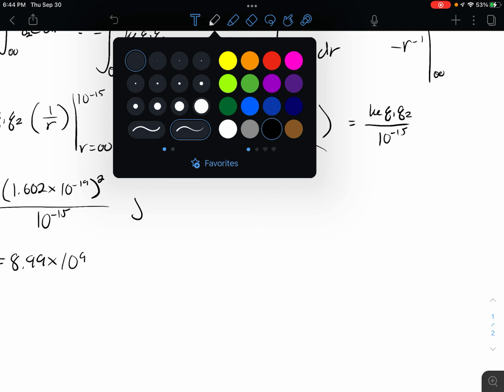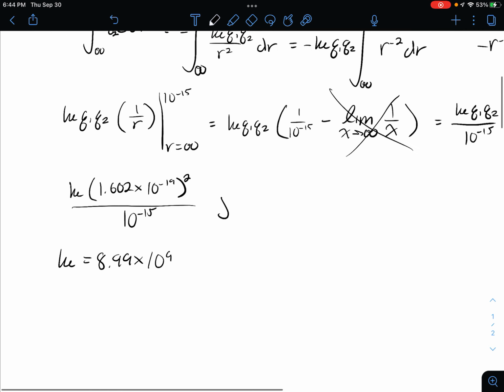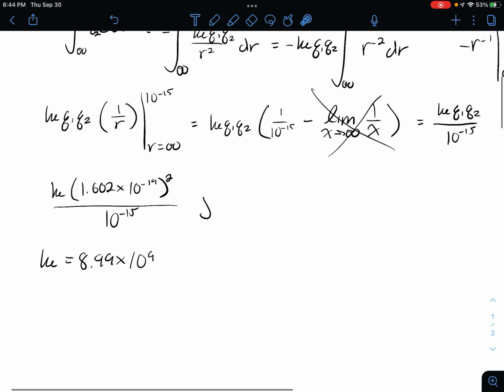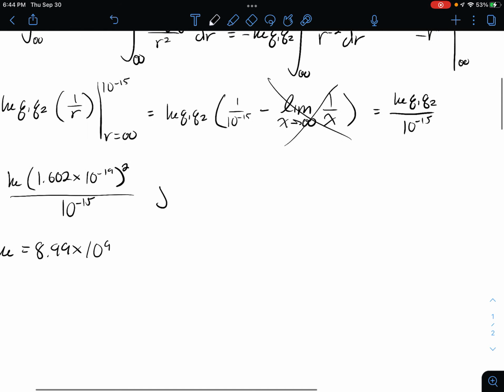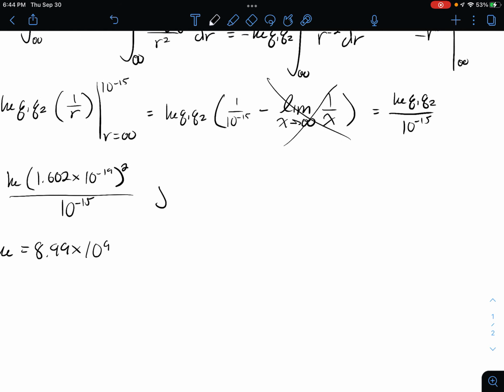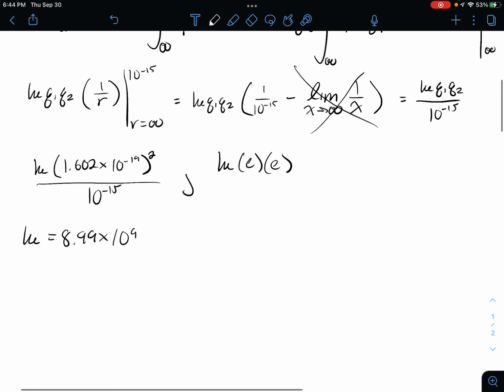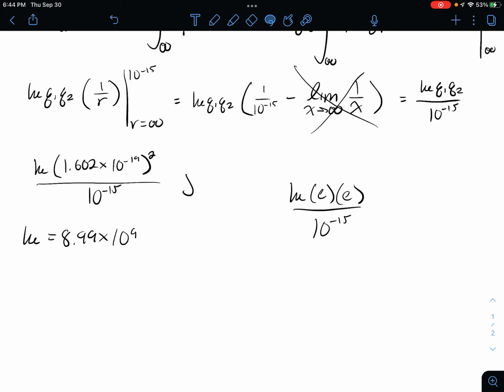So let's take another quick look at our equation over here, right? If we rewrite this, 1.602 times 10 to the negative 19th is just the magnitude of the charge of an electron. It's going to be KE times E times E, or E squared, all over 10 to the negative 15th, right?